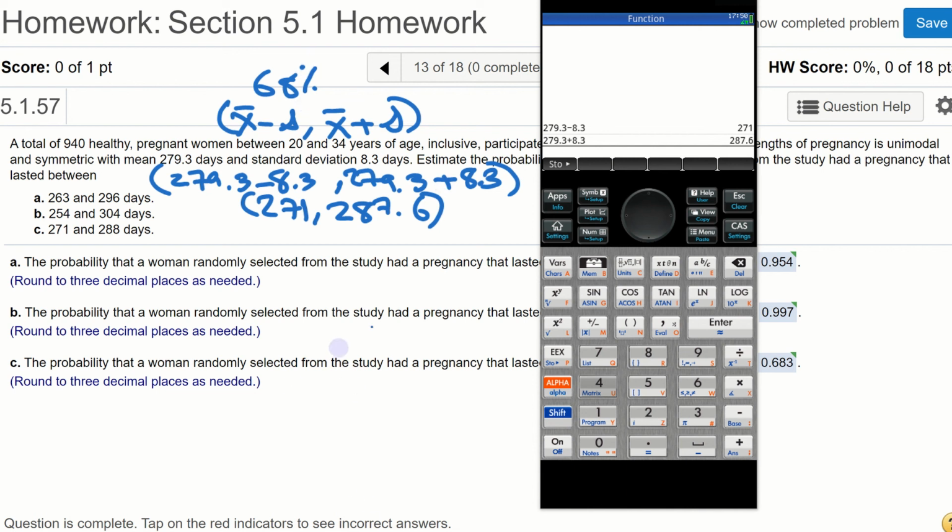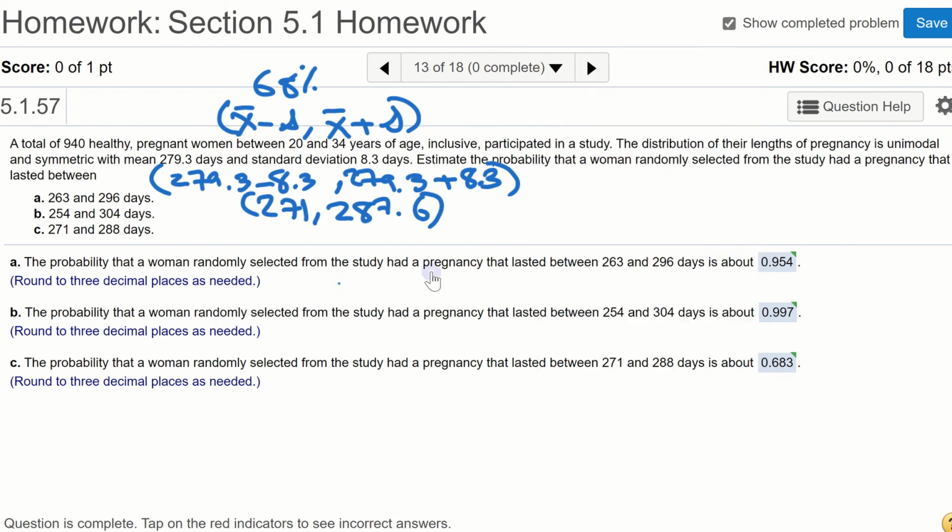So now what we will do is compute what two standard deviations away would result in. So we're going to be looking at x bar minus 2s, the interval from x bar minus 2s to x bar plus 2s, right?